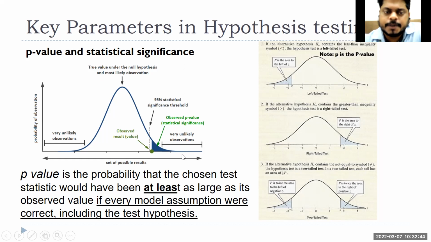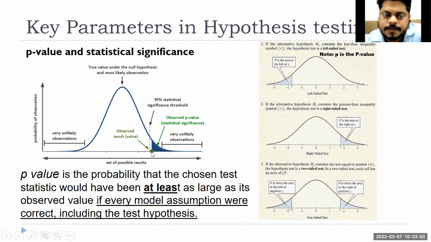If it is lying in the dark blue region, I can reject my null hypothesis and say that yes, the average quiz marks are greater than 3.5. But if it is lying within the other region, I will not be able to reject it.